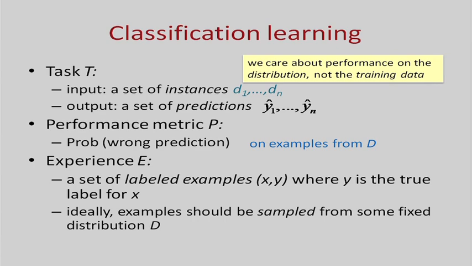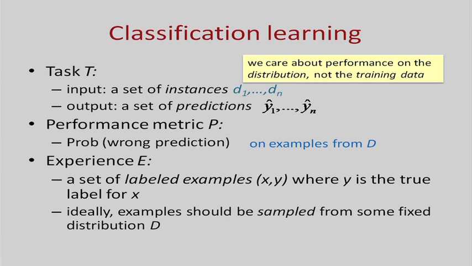Right? So, in classification learning, the task comprises, as we said, a set of input instances x1, x2, xn, and the output is a set of predictions y1, y2, yn. The performance metric is the probability of wrong prediction, and the experience is a set of labeled examples where y are the true labels for x.